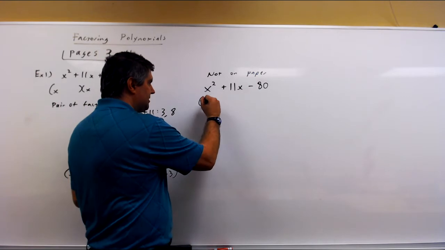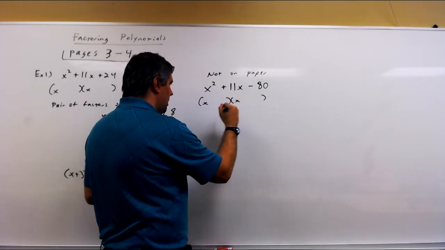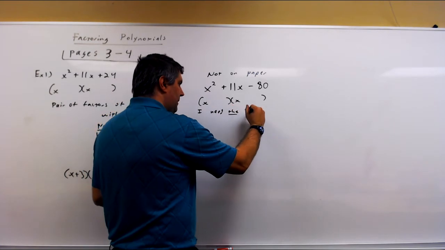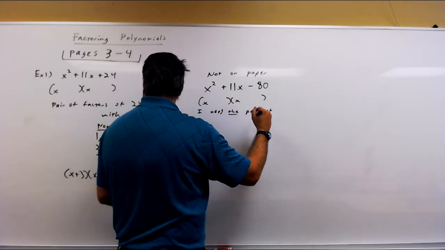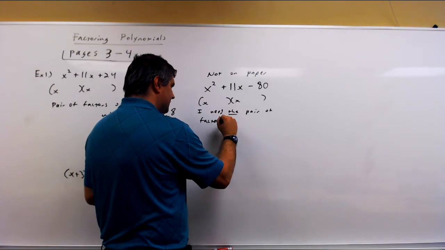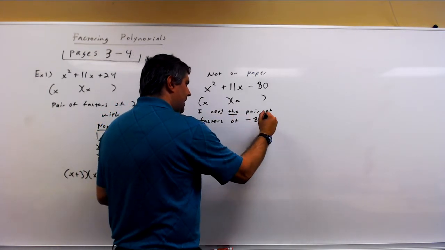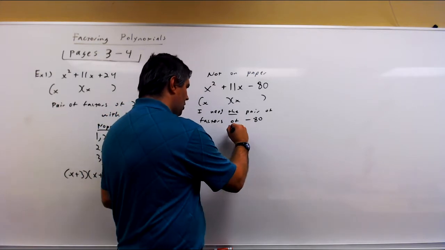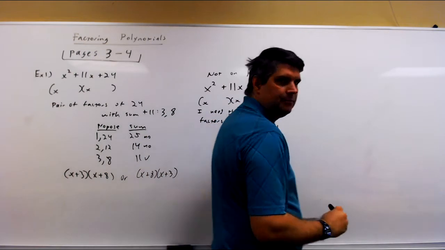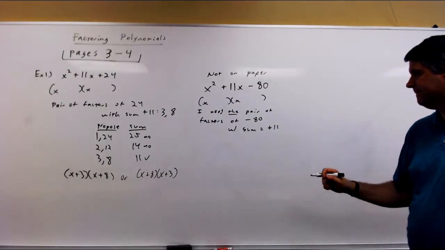So I'm starting with x and x. I need the pair of factors of negative 80 with sum that equals positive 11 again. Okay?